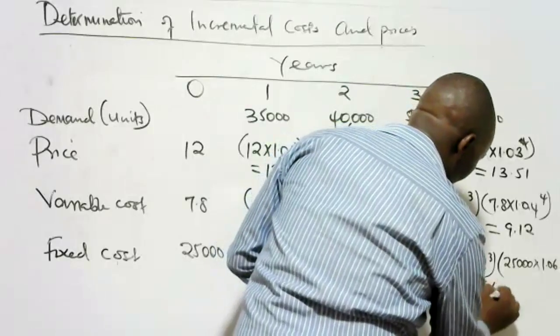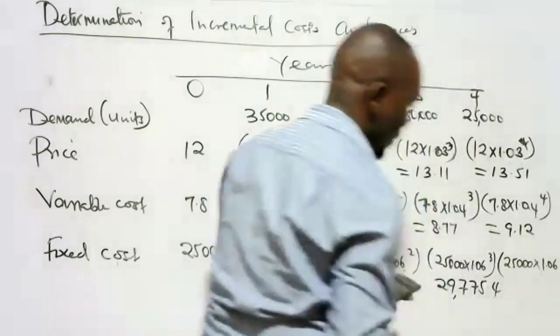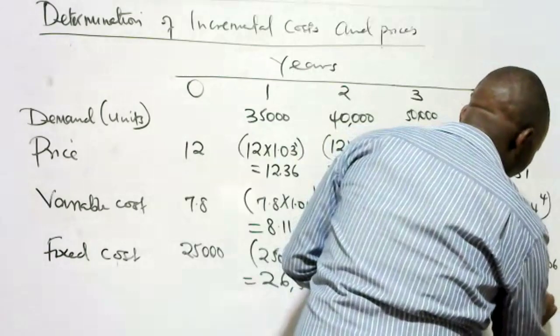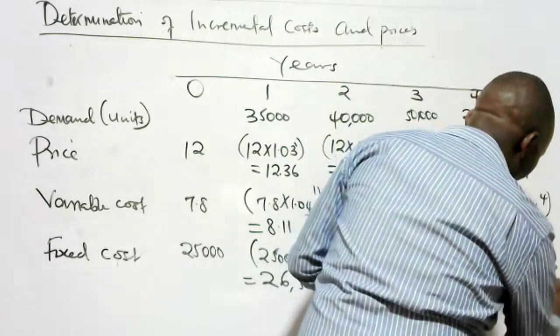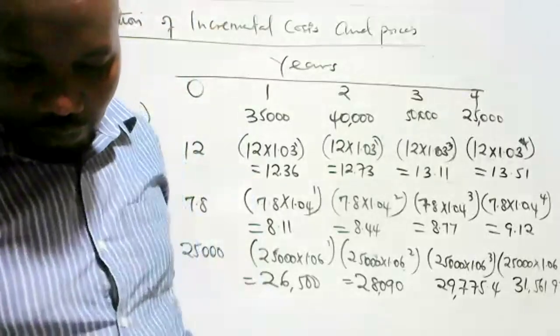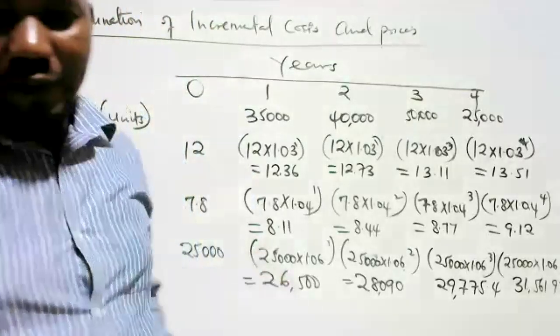And year 4, 31,561.92. So we have gotten the rates.